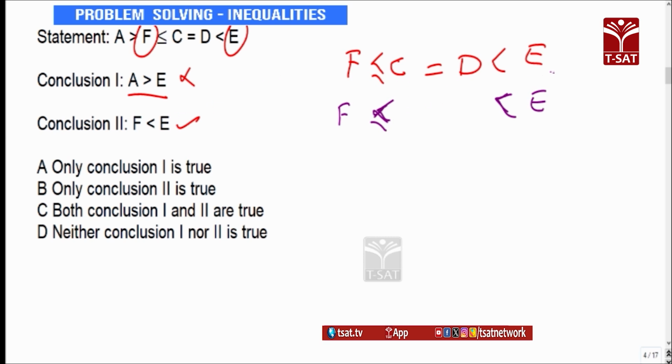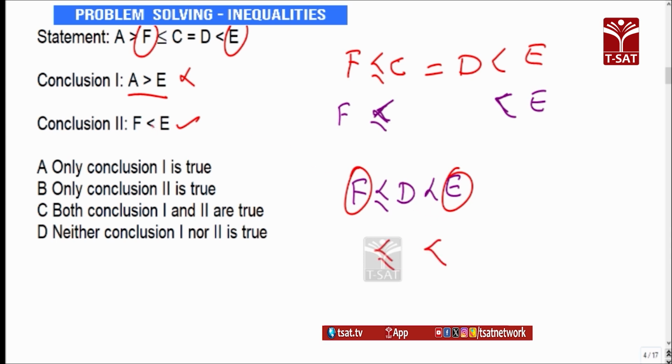For example, I can shortcut this particular statement. How? I can write F is less than or equal to C, but C is equal to D. So I can directly write D here, because both C and D are equal. Now D is less than E. So directly, you take now E and F. There are two symbols, again greater than symbol, greater than or equal to symbol.